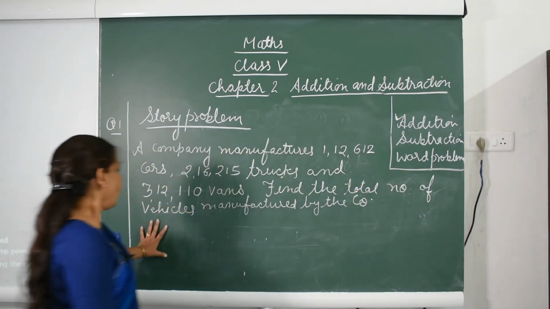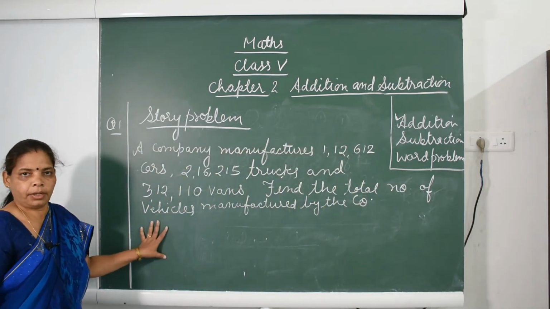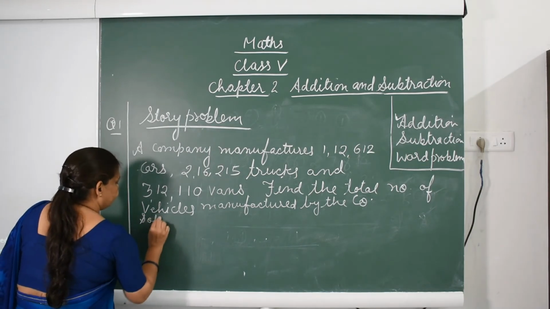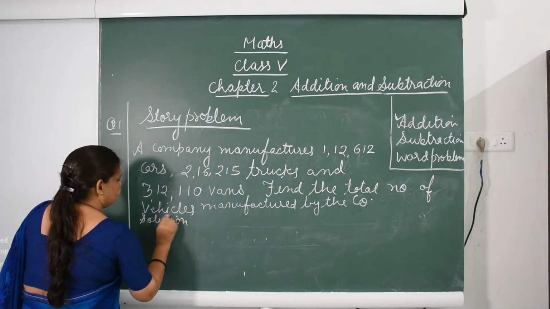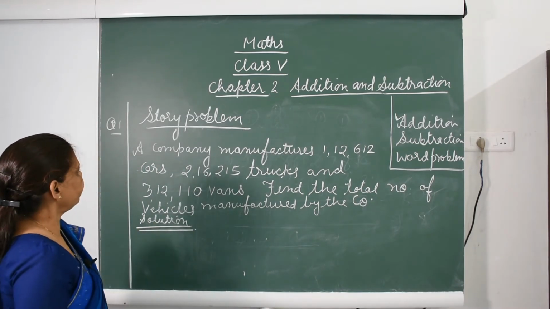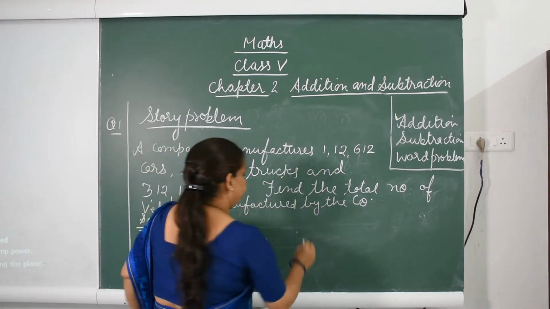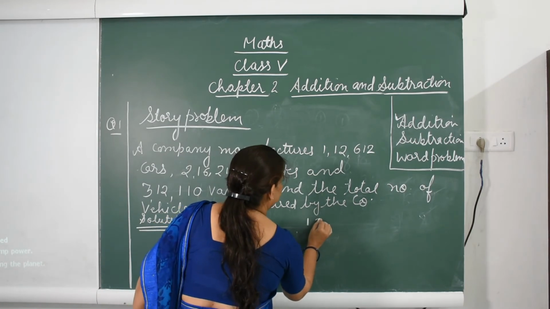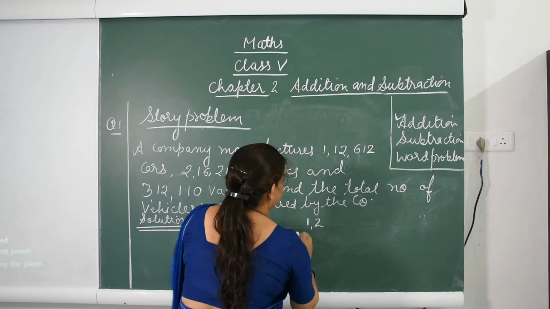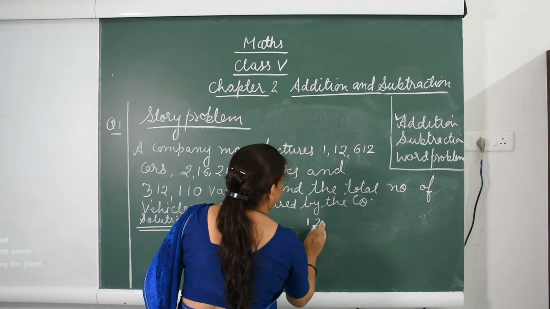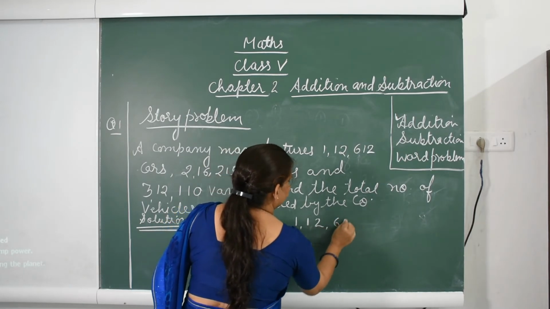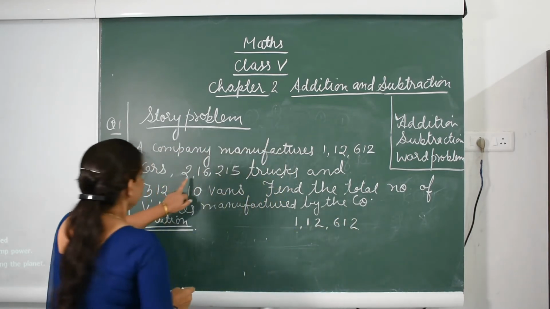So children, how to write the statement? कोई statement कैसे लिखना है? Solution. So what number is given here first? This number. And second, this number.